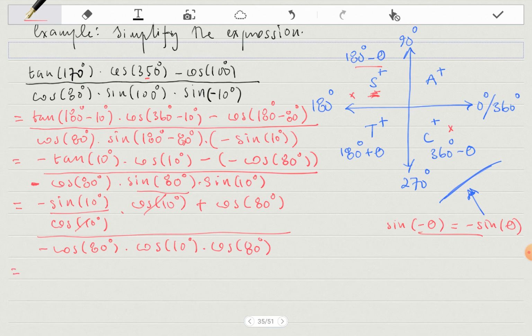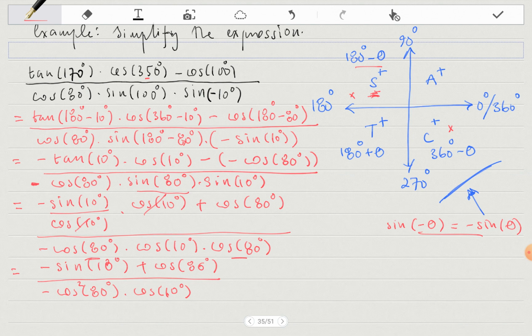So what we've got here is minus sine of 10 degrees plus cos of 80 degrees, all divided by minus cos 80, which appears twice, so minus cos 80 squared, multiplied then by cos of 10.